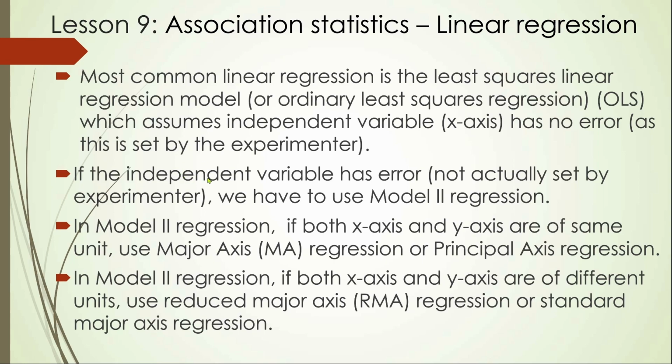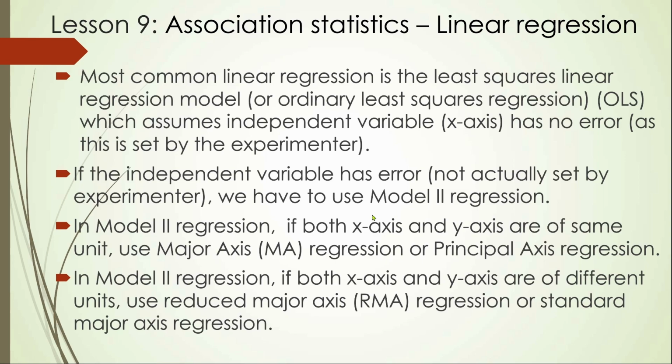However, if the independent variable has error, for example, if you are looking at the relationship between chlorophyll A concentration and bacterial abundance with data that you have collected from the field, we have to use a model 2 regression for this example.